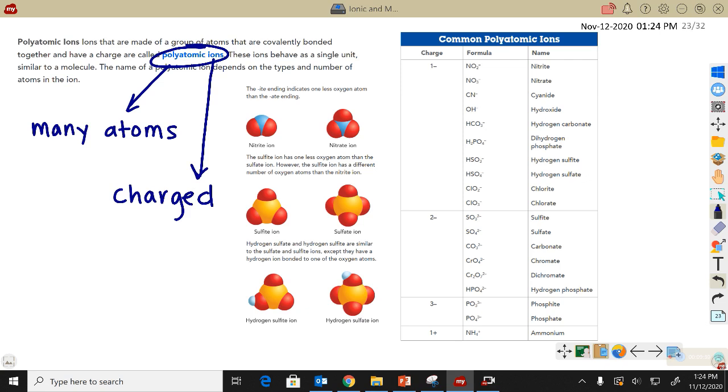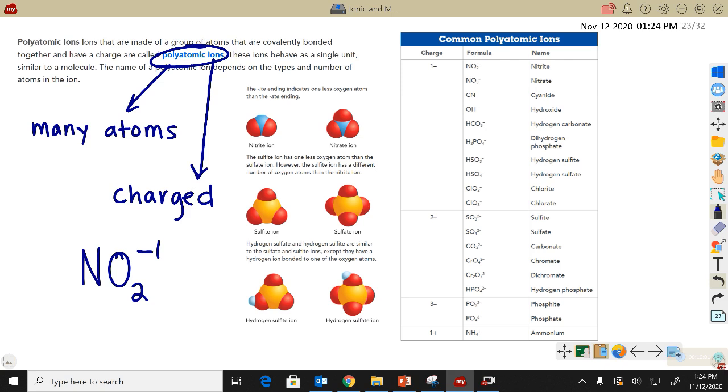But you're going to need 1 more electron so that the nitrogen and both oxygens can get a full octet. That's what we mean by something like NO2 minus, or -1. It's the nitrite ion.